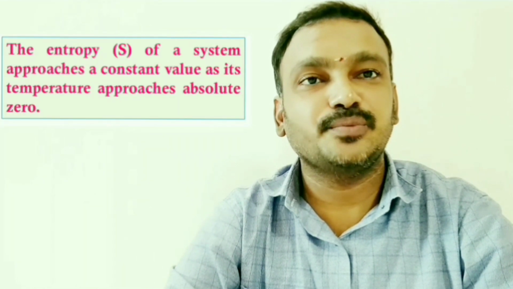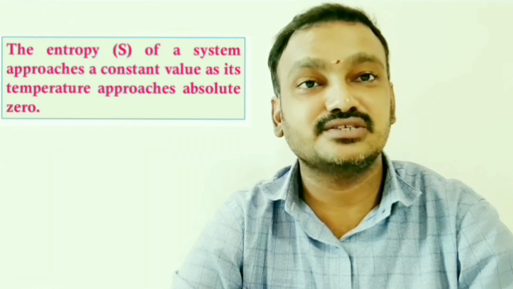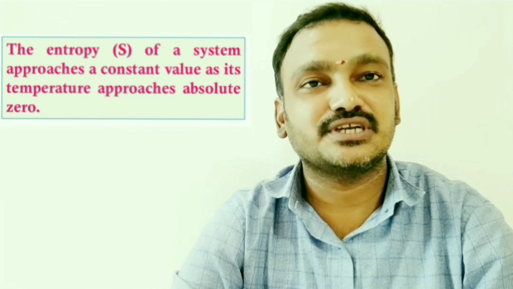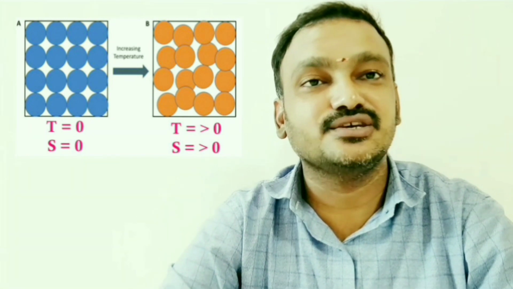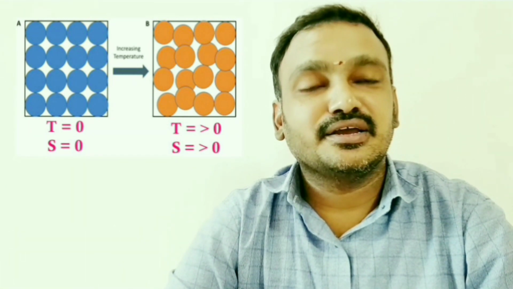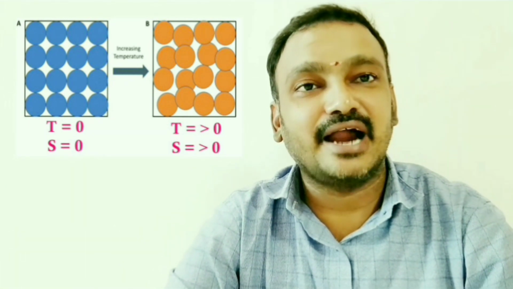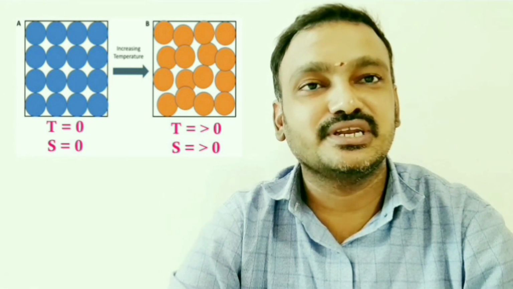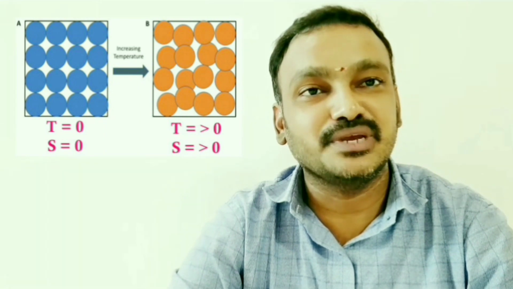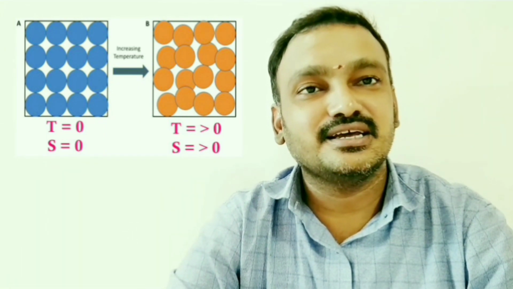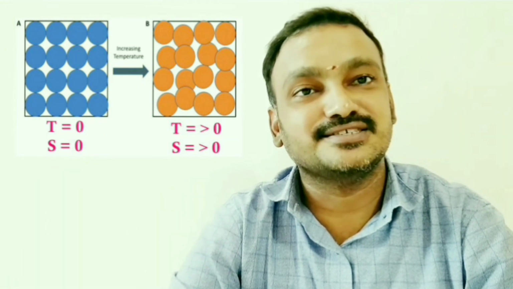Third law of thermodynamics. It states that the entropy of a system approaches a constant value as its temperature approaches absolute zero. For fine understanding, let me consider a perfect crystalline solid at 0 degrees centigrade. In a perfect crystalline solid, the atoms or molecules are arranged in a regular manner, so the degree of randomness is quite low, which means at 0 degrees centigrade, the entropy will become 0.